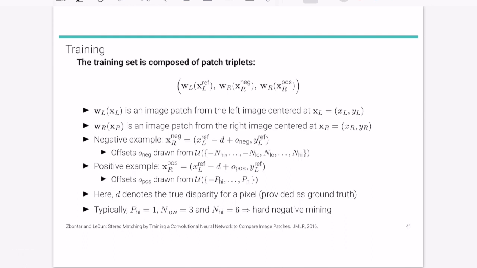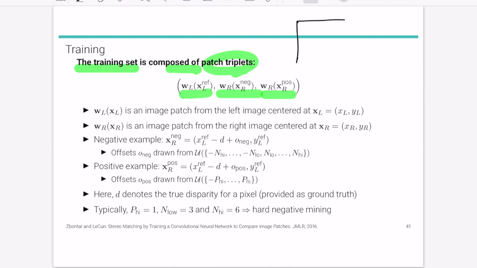So the remaining question is how to train such a model. First of all, the training set is composed of patch triplets: WL of XL, the left patch, WR of XR negative, and WR of XR positive.